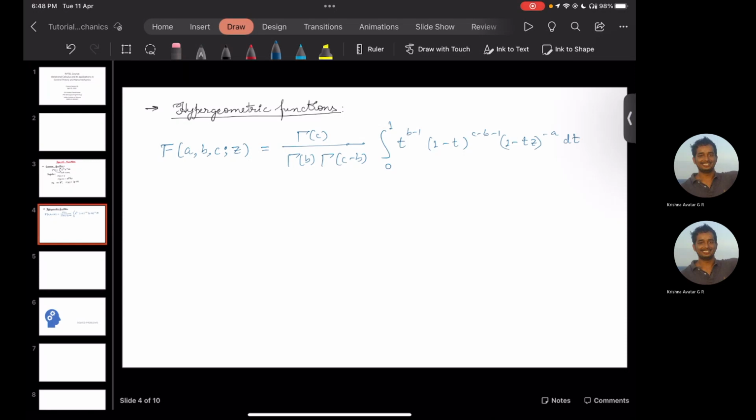And we'll be using a specific form of the hypergeometric function in our problems, what we call the integral representation of the Gauss hypergeometric function.